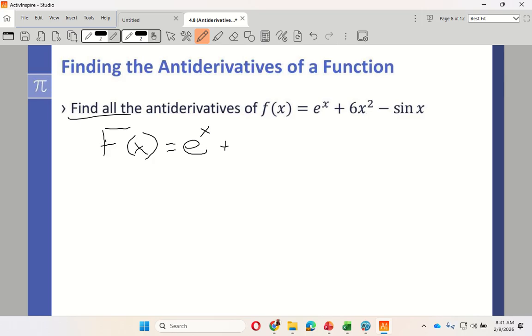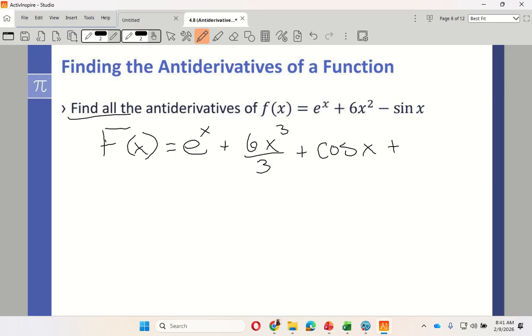What am I going to do to that? Plus 1 and divide by that. So it's going to be 6x to the third divided by 3. And that negative sine x would be plus cosine. And am I missing anything?